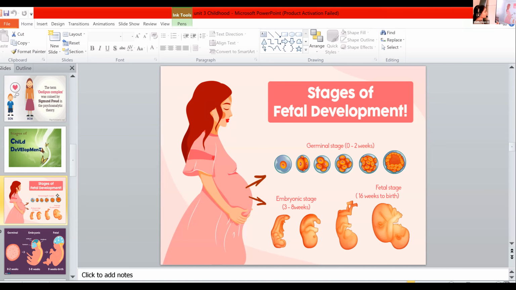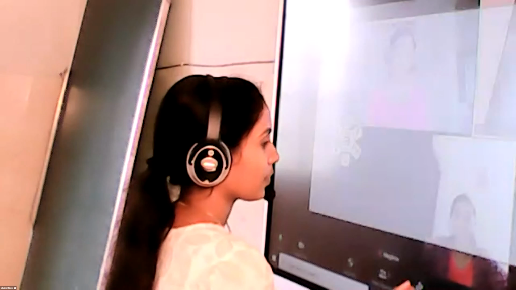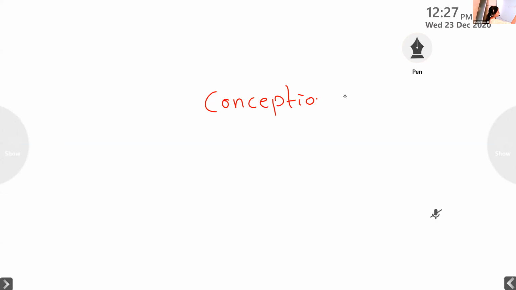So, what is a prenatal period? It is a period from conception to birth. Usually it lasts for how many months, Meghna?